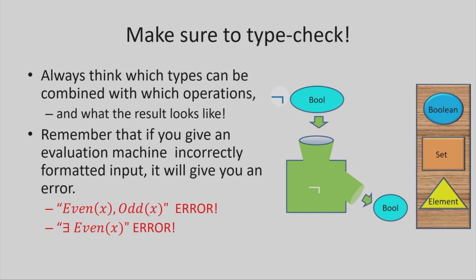Make sure that your ands and ors and nots apply to Booleans. Make sure that your predicates are not taking sets as input if you intend to give them numbers. And also make sure that you don't just list things without actually combining them. I often see on exams people writing things like even of x, comma, odd of x.